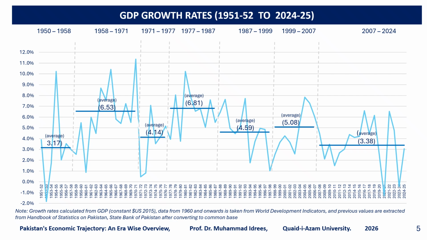One possibility could be this, that during the military regimes, there was a continuity of policy and centralized decision making. On the other hand, during political regimes, there was political instability and multiple governments were changed during every regime. There was policy inconsistency. So this could be one of the reasons why we had relatively higher average growth rates during the military regimes.